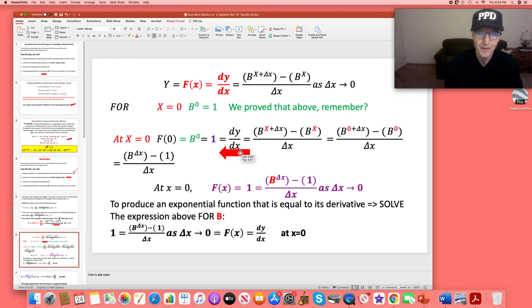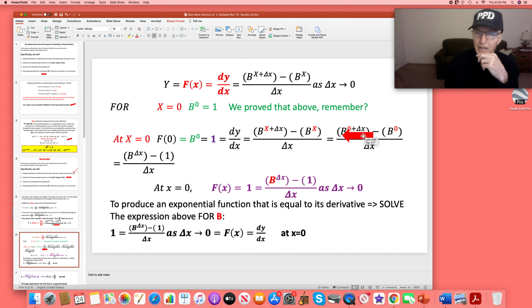Now dy by dx, where f of x is equal to the slope, the function is equal to the slope, then it's going to be b to the x plus delta x minus b to the x, and that's because we know x is equal to 0 in this case.